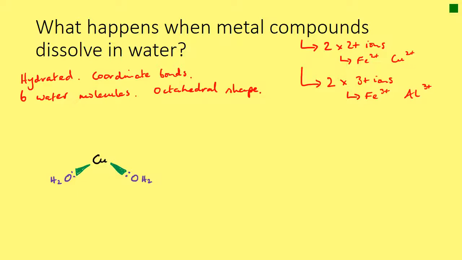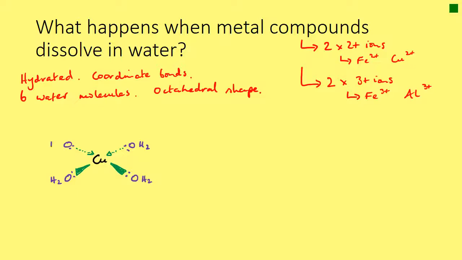And so we've also got another pair of water molecules at the back who are going to provide their coordinate bond from behind the screen into the copper atom. So we draw that as a dotted line, and there's going to be two of those, so I'll draw two dotted lines while I've got my green pen out, and we will draw our water molecules like so.